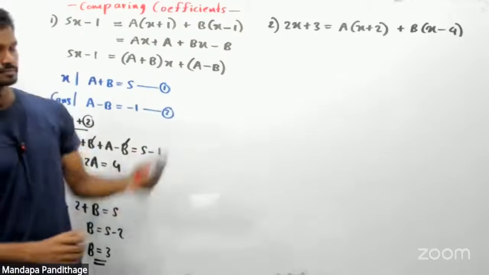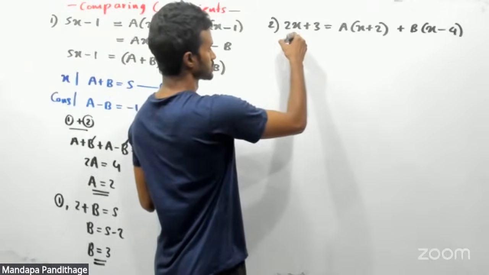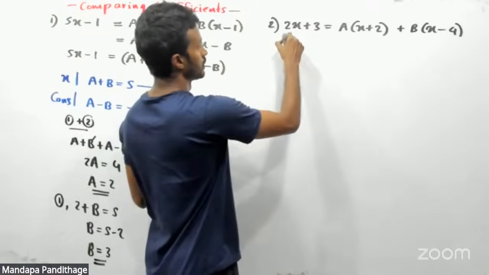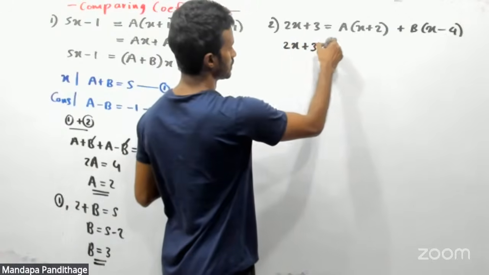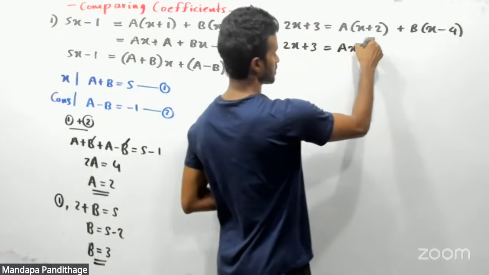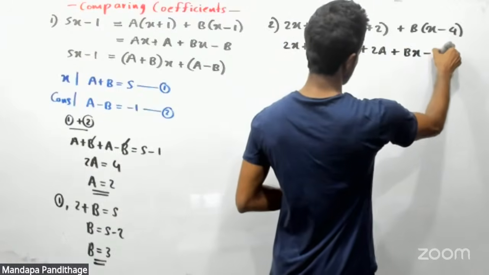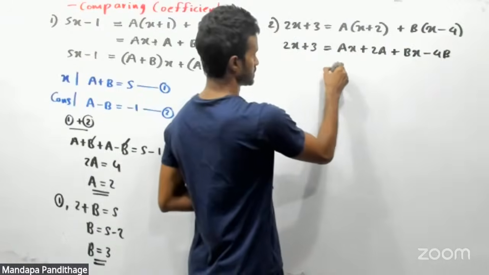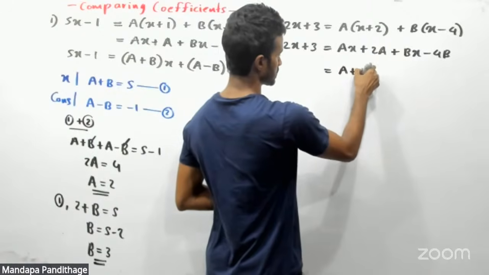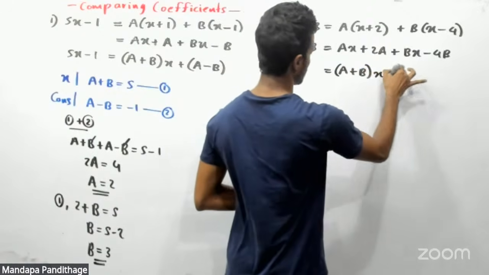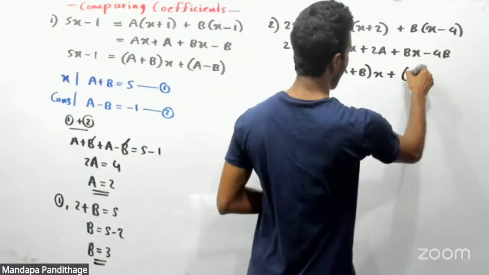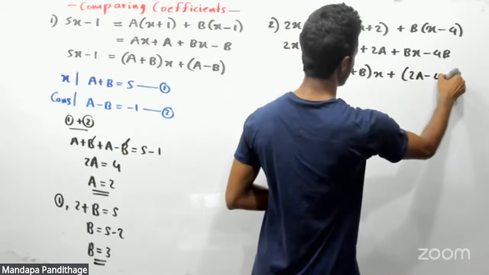Okay, so here, first rearrange this. 2x plus 3 equals ax plus 2a plus bx minus 4b. So then you can say it's (a plus b)x plus 2a minus 4b.